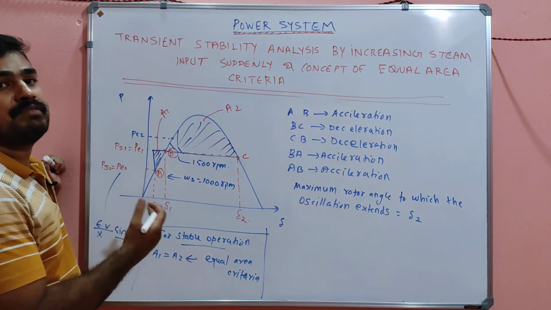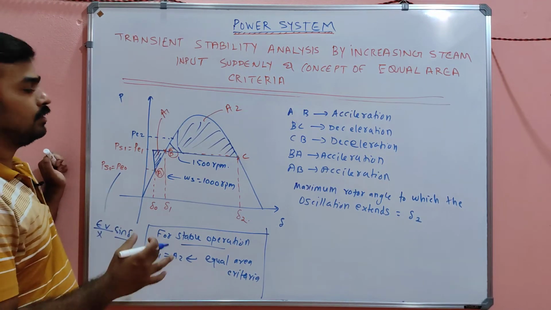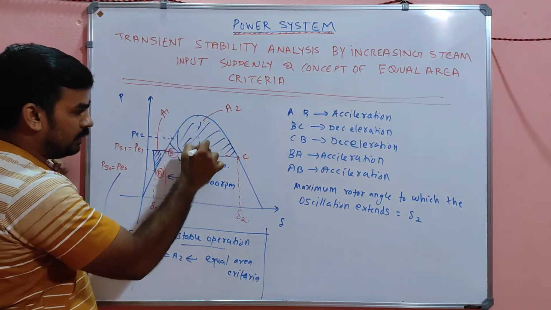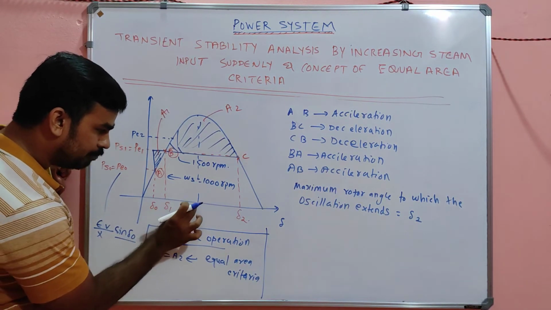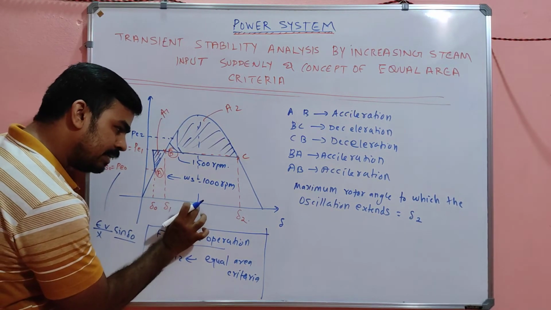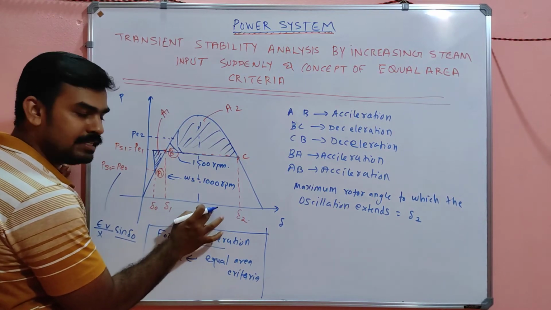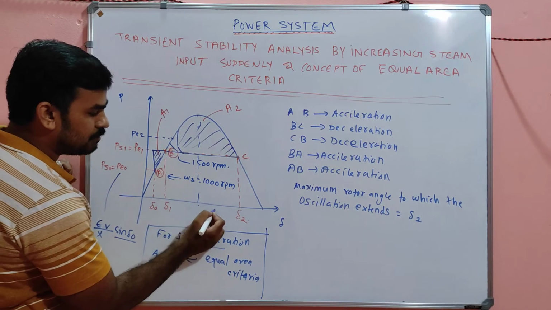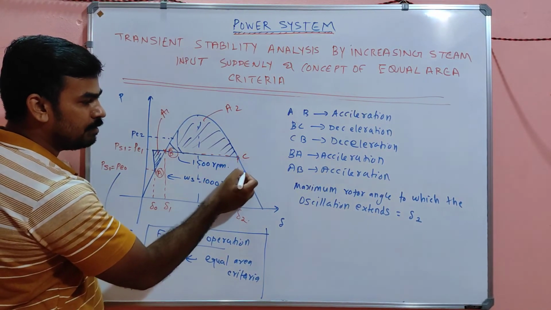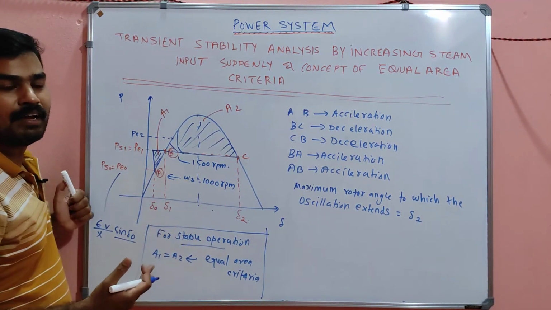The maximum angle by which we can increase the steam input is nothing but 90 degrees. Up to maximum 90 degrees, del 1 can be extended. Maximum here it can be del 1, but after this it will surely be unstable, because whenever it moves beyond this, the point C will be below this typical value.